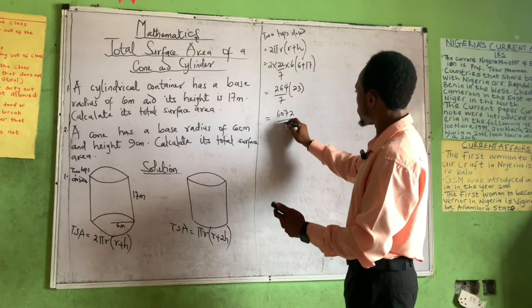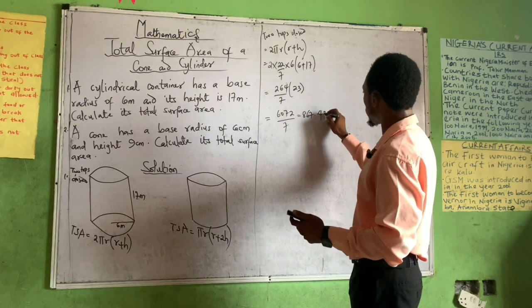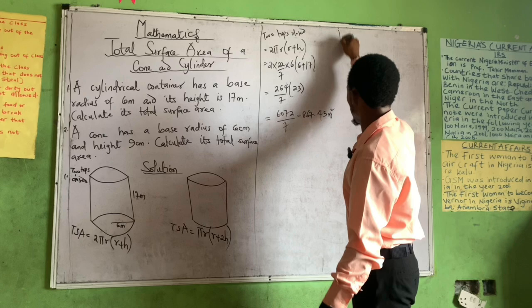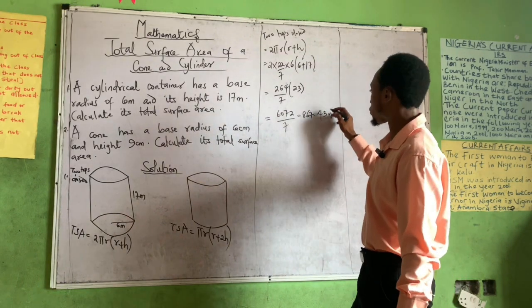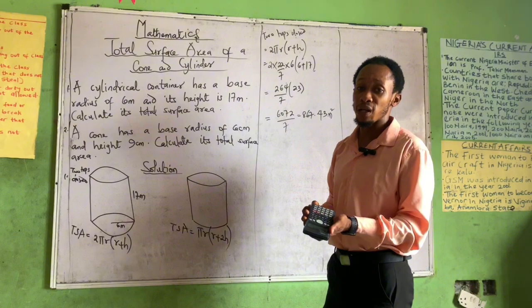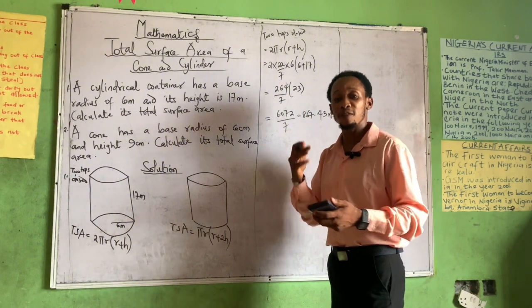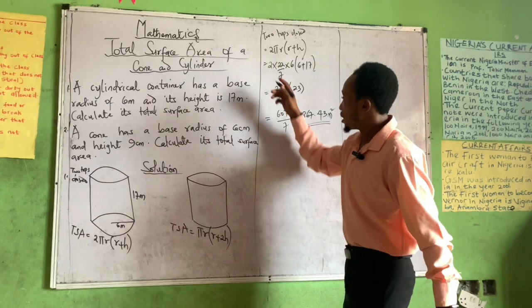We have 867.43 meter square, because we are dealing with total surface area. Anything area has a unit of square. Area is measured in square units, so whether it's a centimeter, meter, or kilometer, everything should be square units. That's the unit.